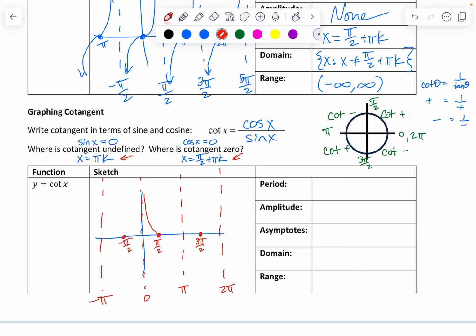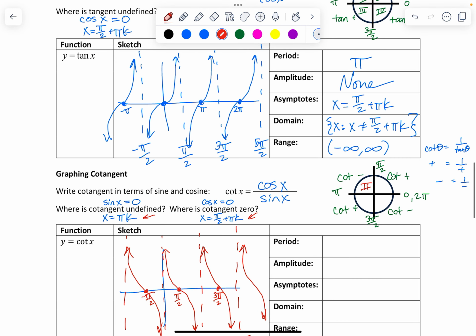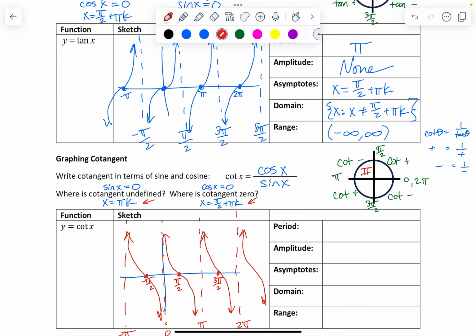From pi over 2 to pi in quadrant 2, we're now going to be negative. So we're doing something like this, and then it keeps repeating forever. They look very similar, tangent and cotangent, but they're not facing the same direction. So be careful with that one.